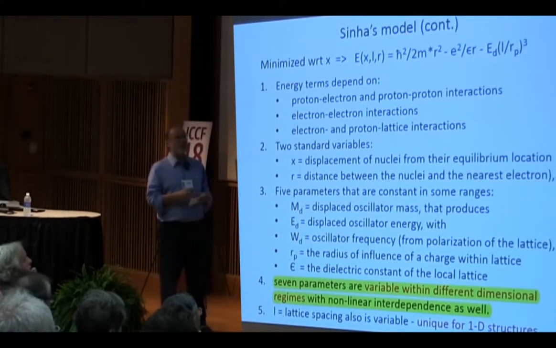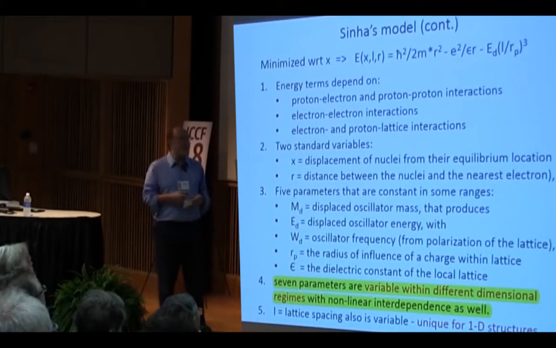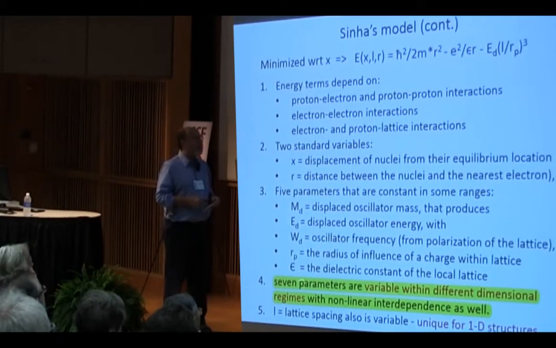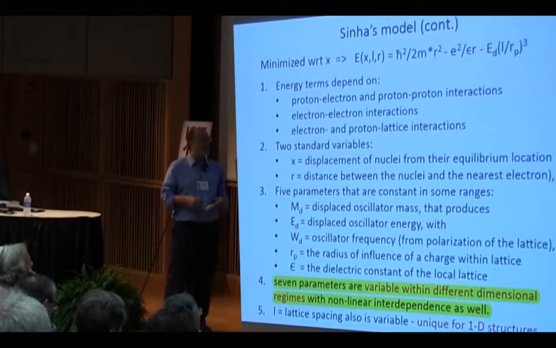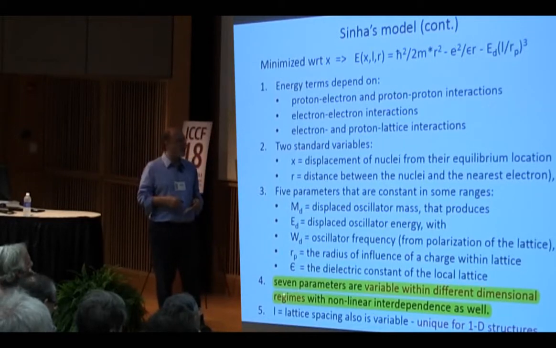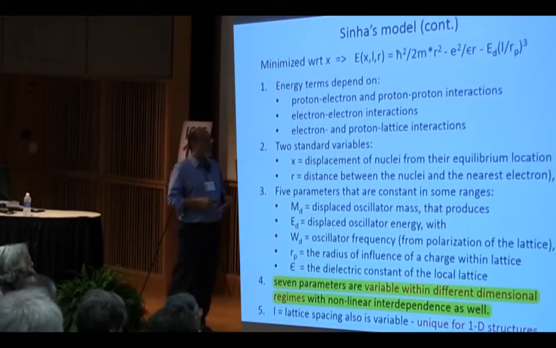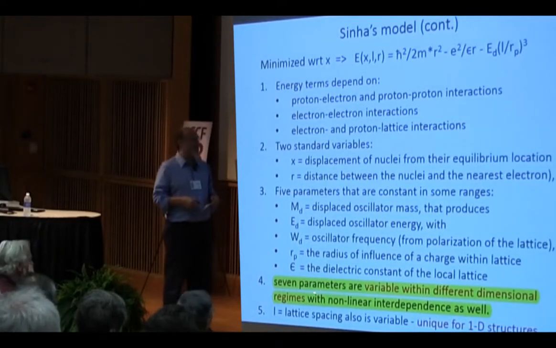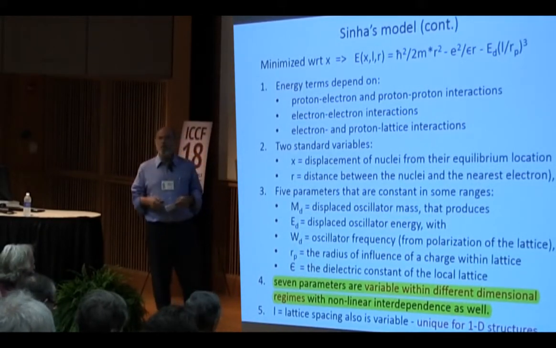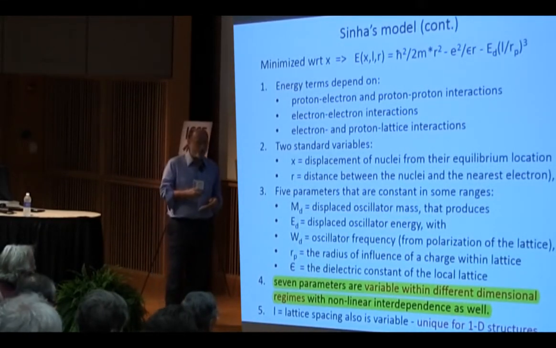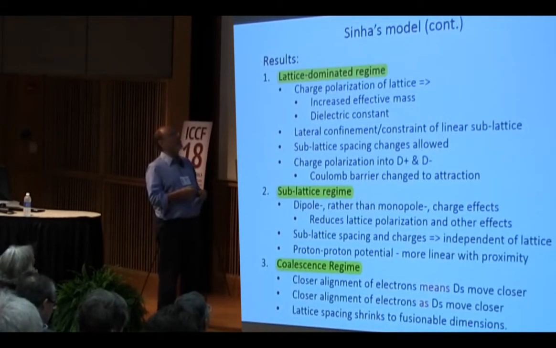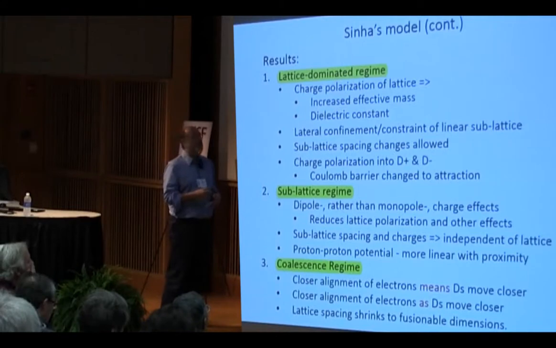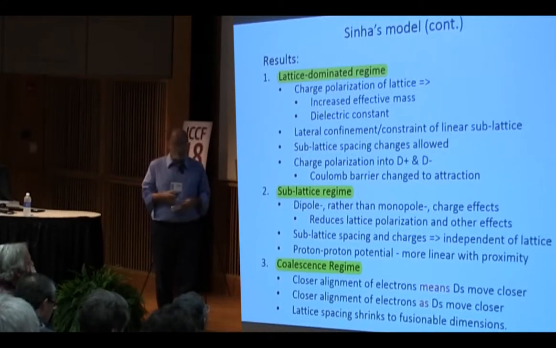In these equations, the difficulty in trying to do any solution here is that there are basically 7 parameters, and they're not constants, they're variable with different dimensional regimes. And not only are they variable, but they're interdependent. So you really don't have an easy problem trying to solve this. There are 3 regimes you have to worry about. The lattice-dominated regime, where we're talking in the angstrom range.